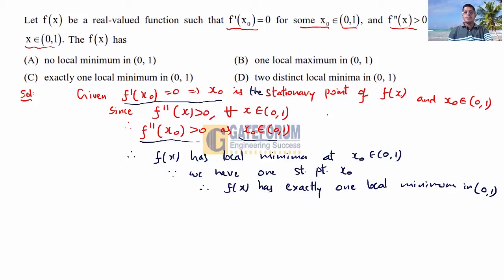And you can write some x naught belongs to 0 comma 1. That is the condition given here. So that is why we have one stationary point, so f of x has a local minimum. Accordingly, the answer is option C. This is the end of the question.